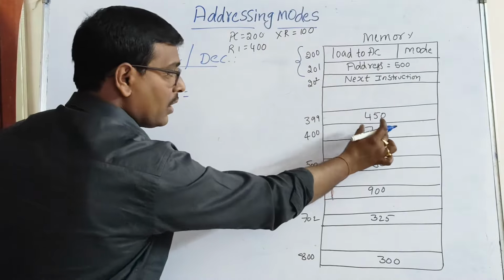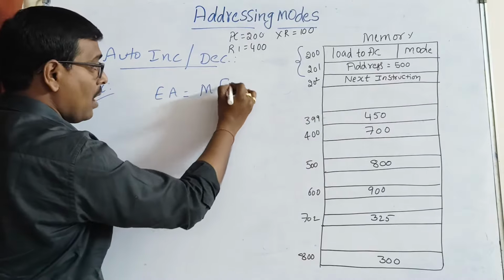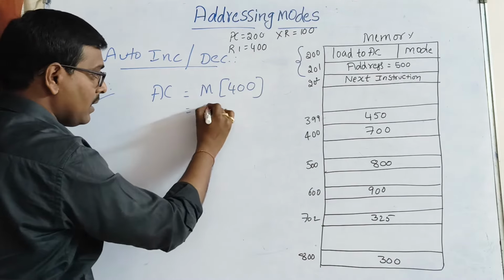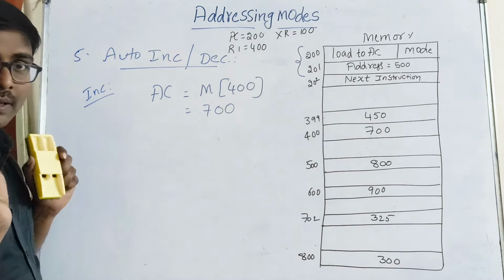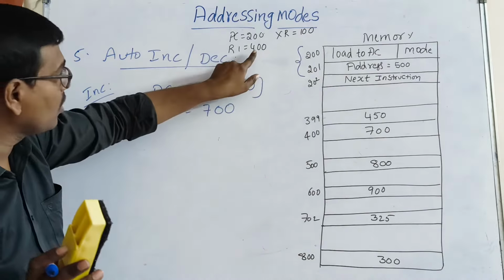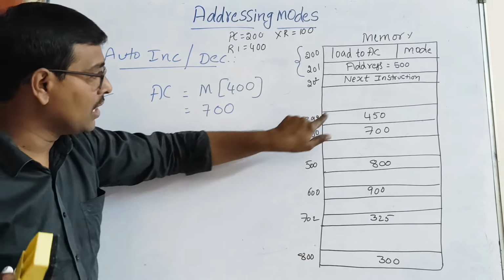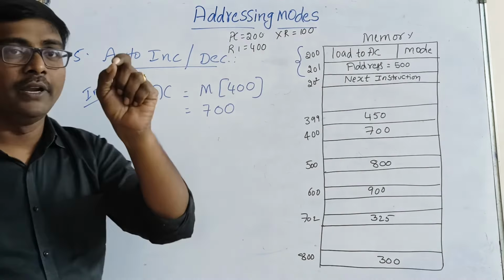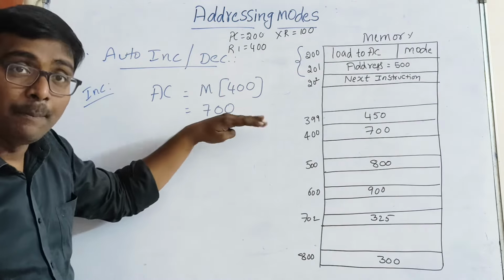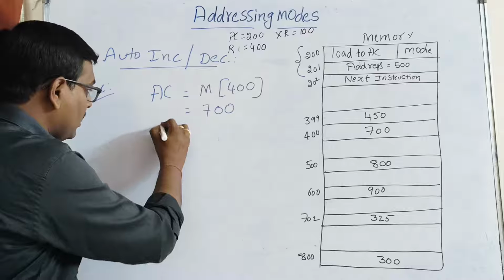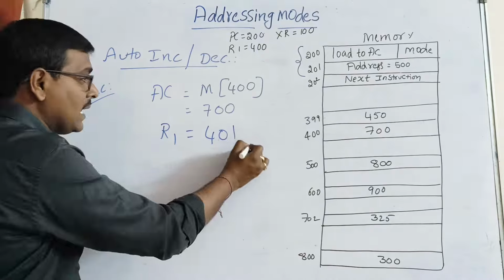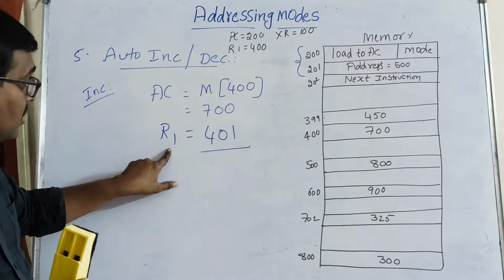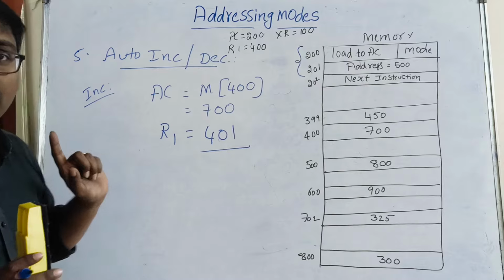At location 400 the value is 700. My accumulator stores M of 400, that is 700. Clear? Simply like register indirect, go to location 400. In 400 our value 700 is available. That 700 is copied into the accumulator. This is up to register indirect. After that the R1 value is incremented by 1. Clear? After getting the operand, the register value is incremented by 1.